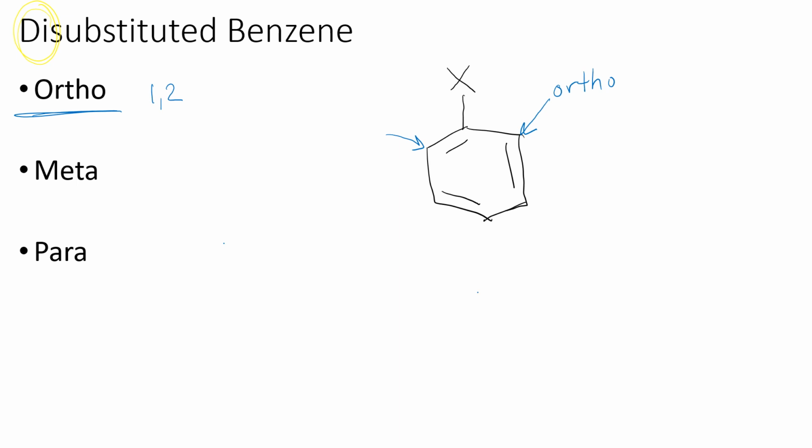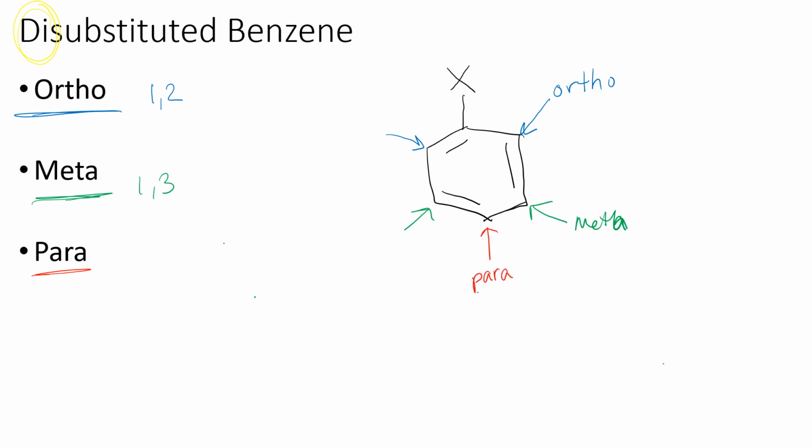For meta, they're going to be in these positions. So meta has that 1-3 relationship that we would be looking at. Again, it does not matter which side you go to, the right or the left. What matters is that 1-3 relationship. We then also have a para position.